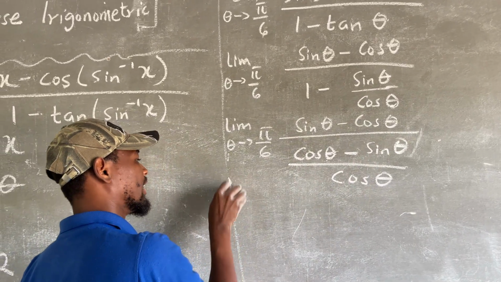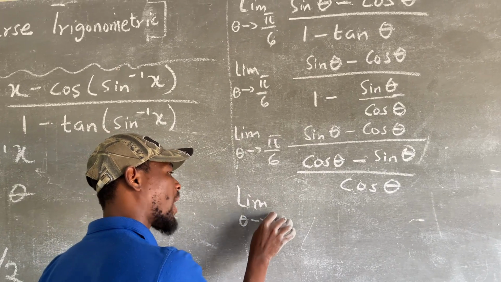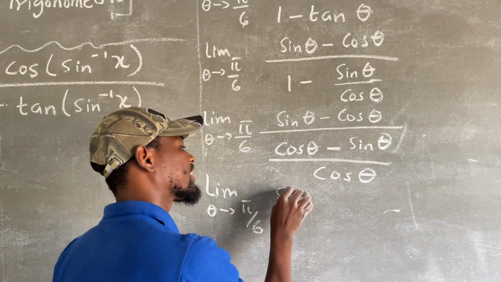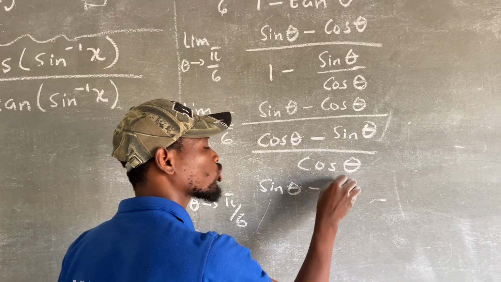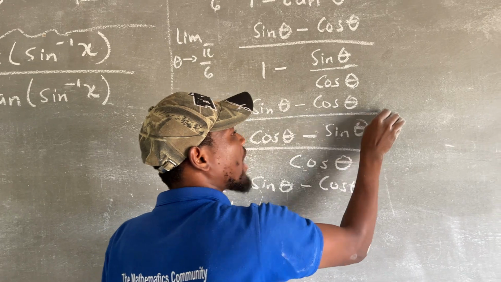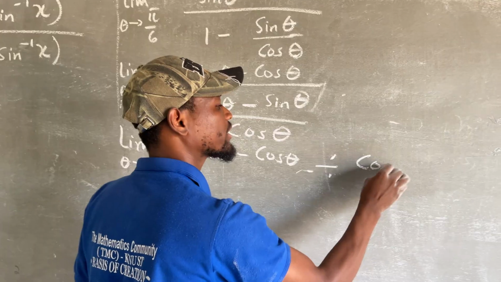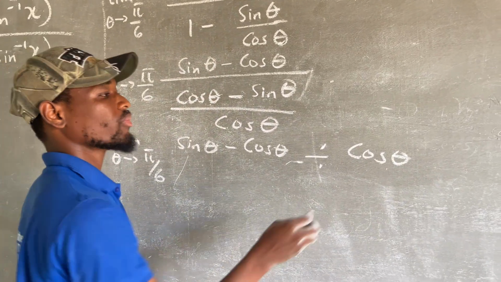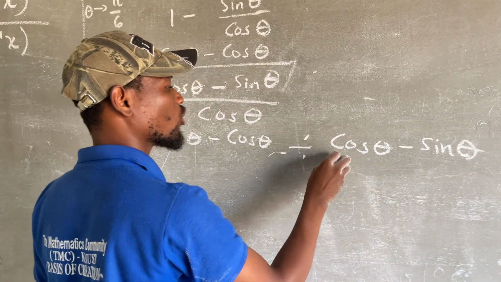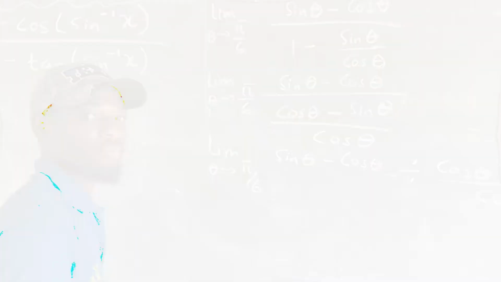So I'll have the limit as theta approaches pi on 6 of the expression sine theta minus cos theta, then divided by cos theta minus sine theta, then over cos theta.